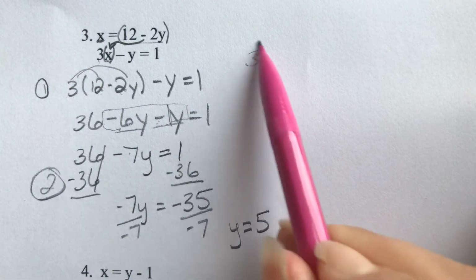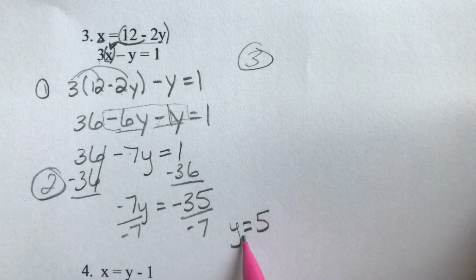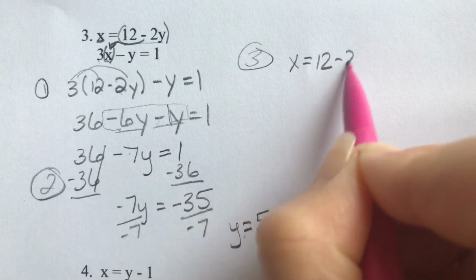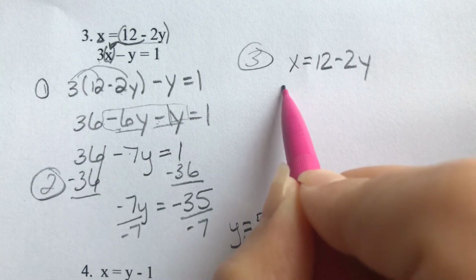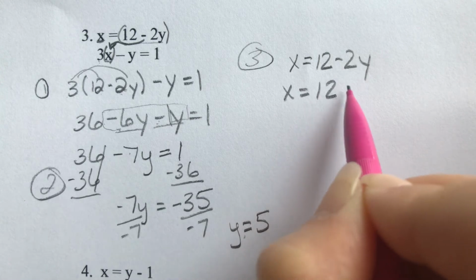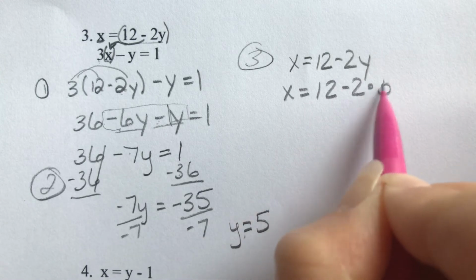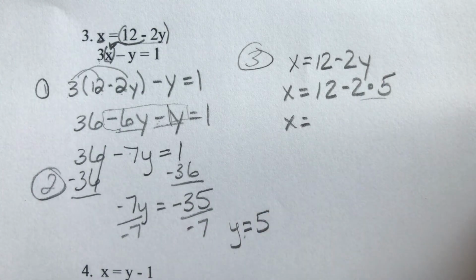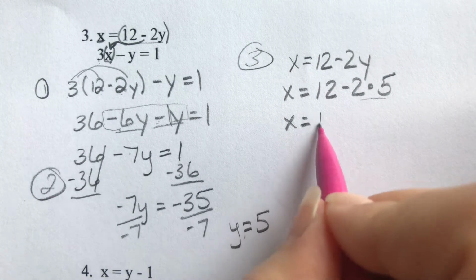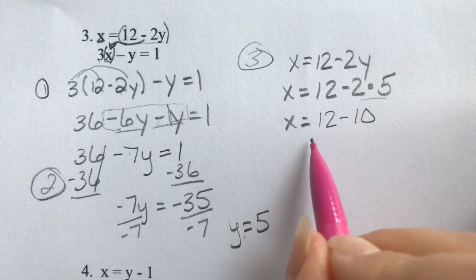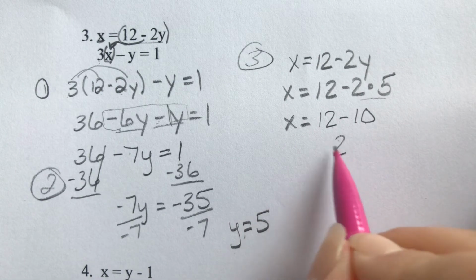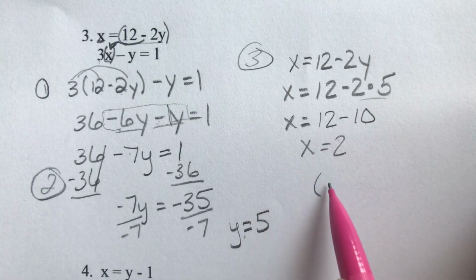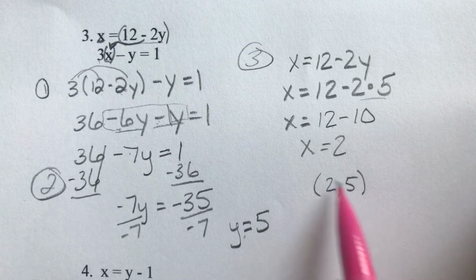Step 3, I now need to put in my y value to find x. So I got 12 minus 2 times 5. Multiplication first, so be careful there. 2 times 5 is 10. 12 minus 10 is 2. So careful when you put your coordinate together. X comes first. 2, 5.